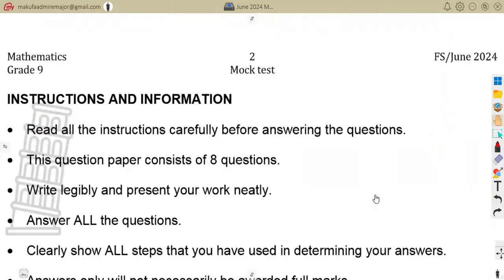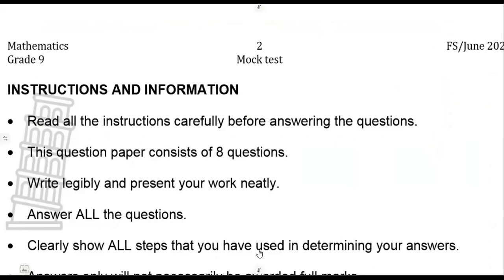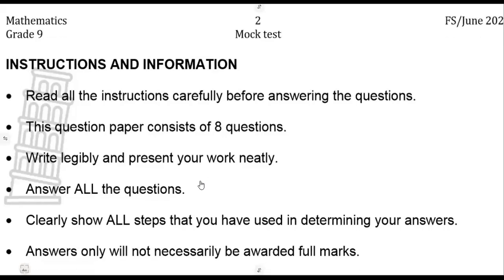That does not mean if you are from another province, you're not supposed to revise these questions. You are supposed to go through these questions also, so that you can understand as an individual how these questions are being given. It is very, very important that we understand because these questions are similar.